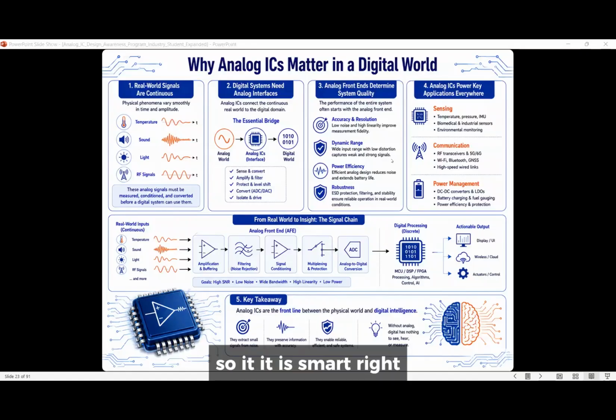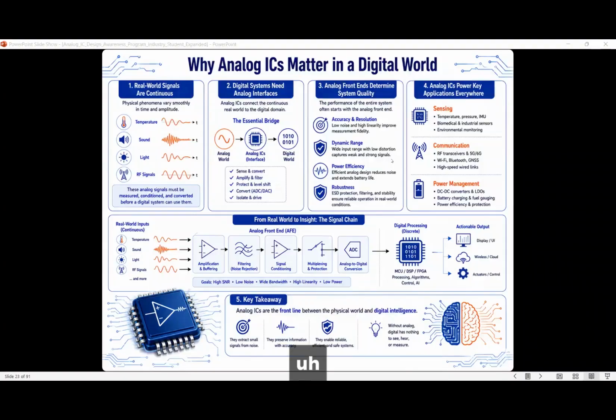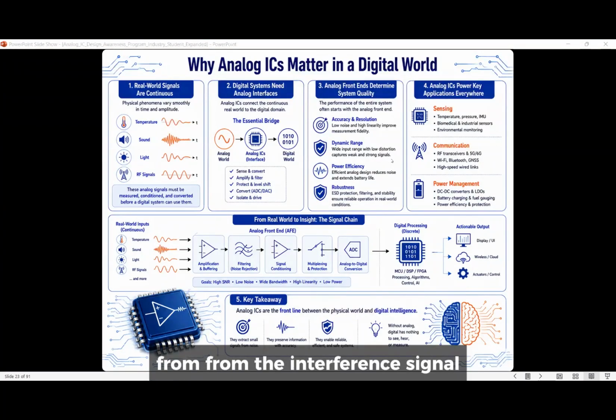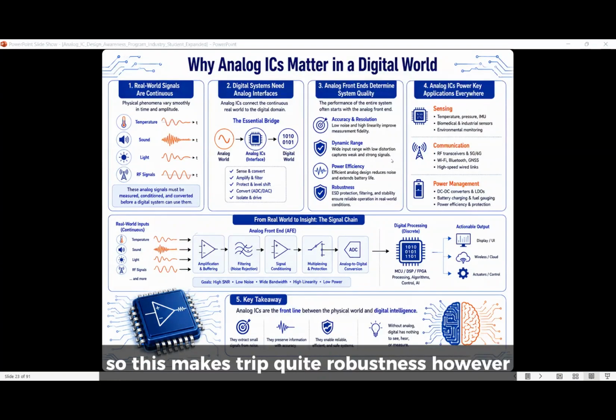So it is smart, right? It is a smart circuit to distinguish the useful signal from the interference signal. It amplifies the useful signal but cancels out the interference. So this makes the chip quite robust.